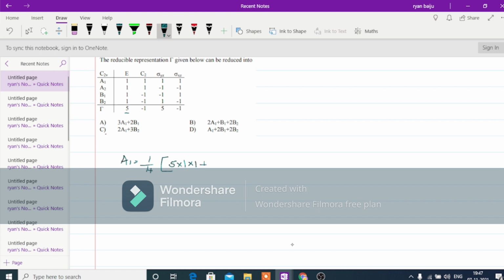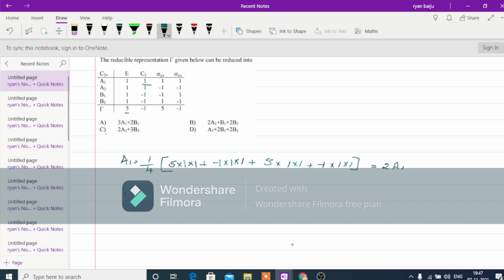Next -2, sorry, -1 into 1 into 1 plus 5 into 1 into 1 plus -1 into 1 into 1 equal to 2A1.